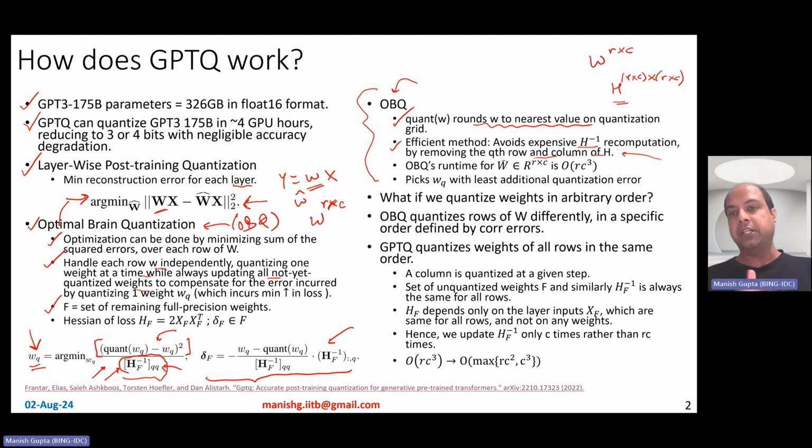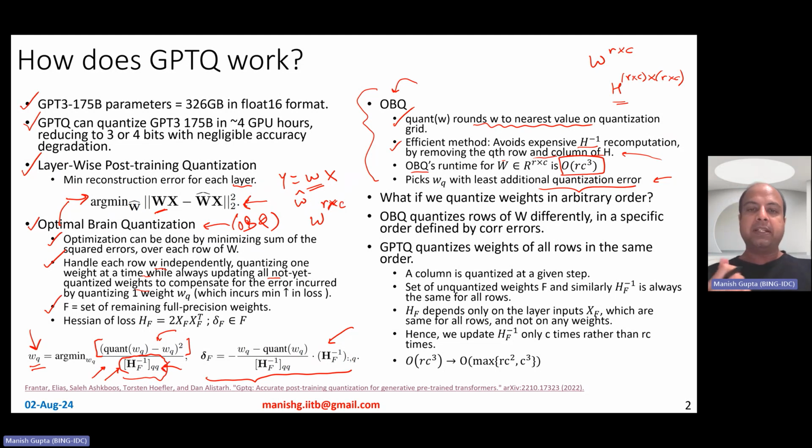They don't recompute the Hessian from scratch, which means OBQ is really efficient. Although its runtime looks very high, R C cubed, it is still pretty efficient compared with recomputing H inverse from scratch every time. Broadly, OBQ picks the WQ with the least quantization error and the minimum increase in the loss.